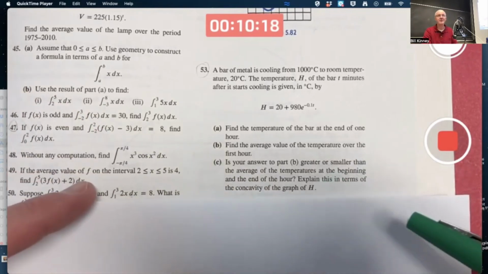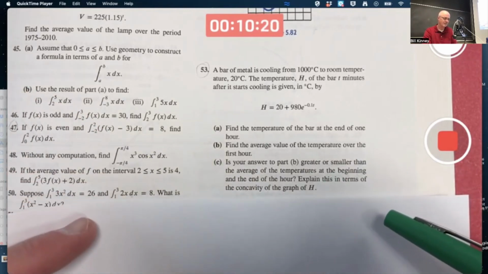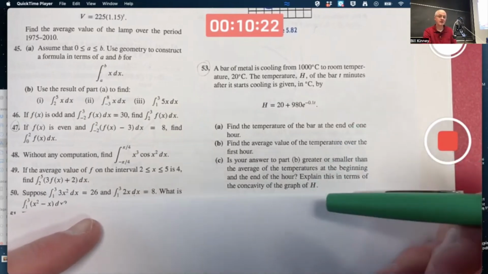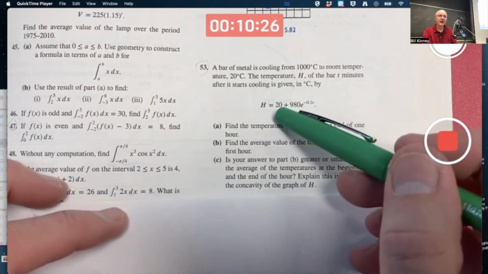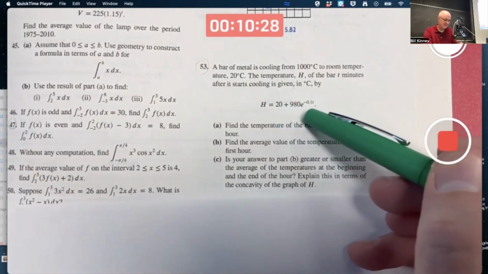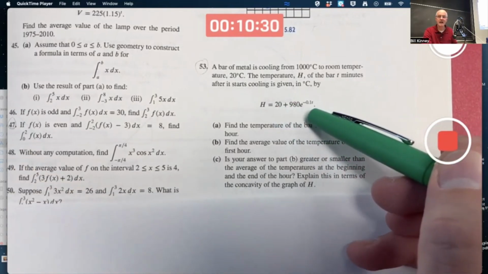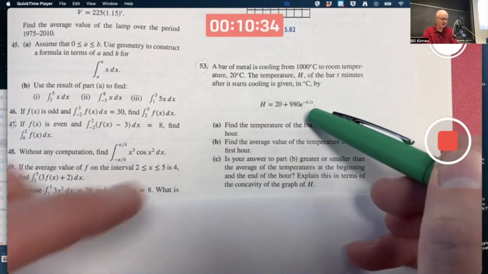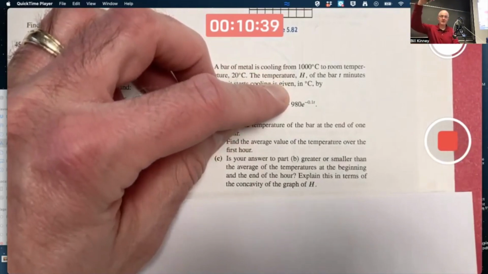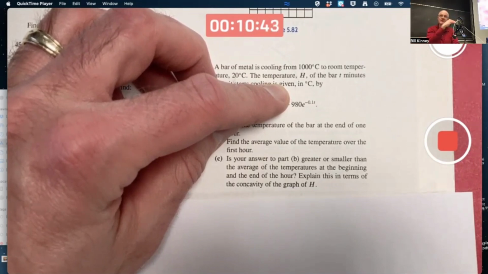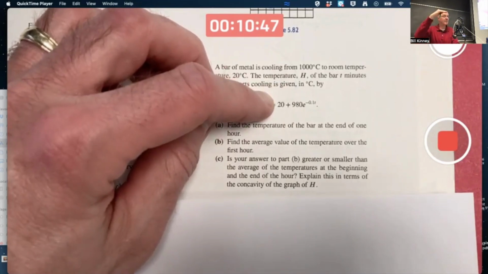I'm going to go ahead and graph this function right away, even though they don't say to do that until part C. Think about this here. You've got 20, a constant function, and then an exponential decay, 980 times e to the negative 0.1t. If you didn't have the 20 there, that would be a typical exponential decay looking like this and heading toward a horizontal asymptote at 0 as t goes to infinity, right? 20 just shifts that up by 20 units.